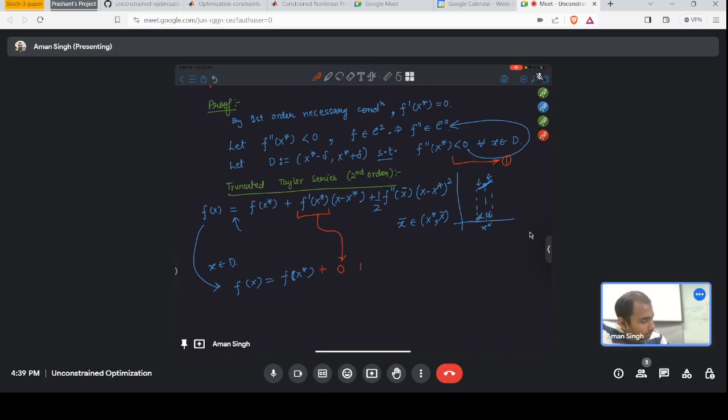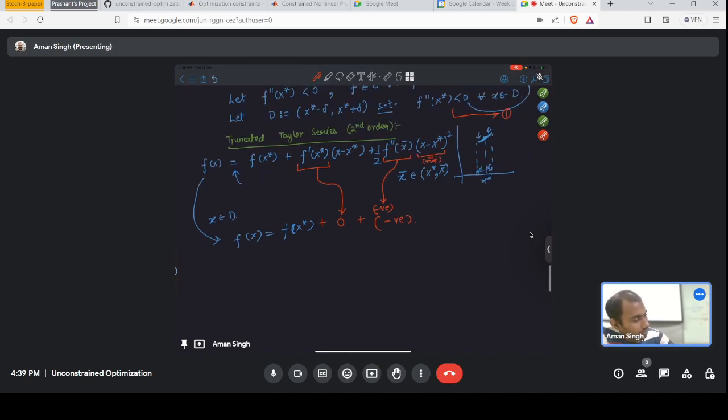So 0 plus, we know f double dash is negative by 1, and this square term is always positive, which implies this whole thing is negative, correct? Which means we can say f(x) is less than f(x star), which is again a contradiction because f(x star) is the local minima, correct?